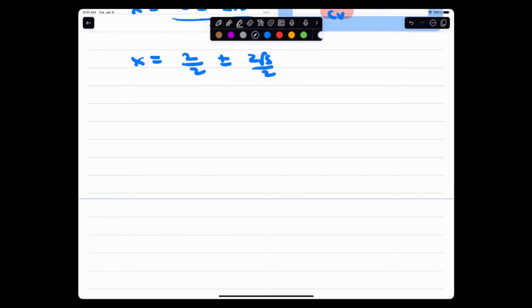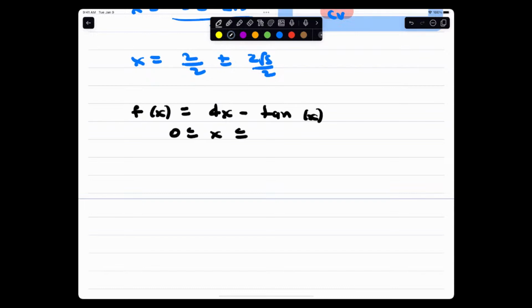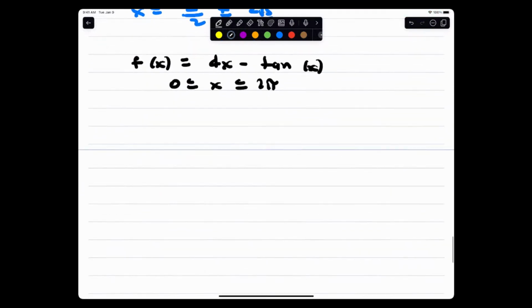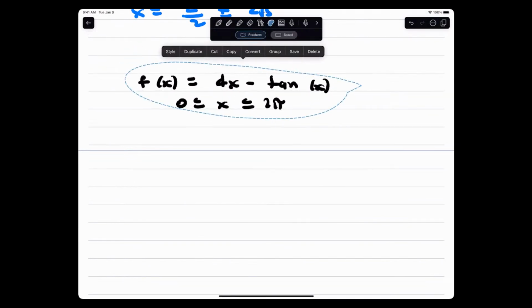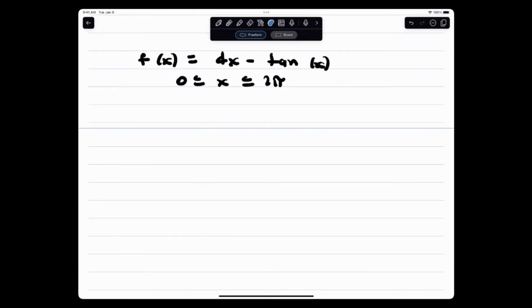Okay, I'm going to give you guys 4x minus tangent x, and they're going to say now over the interval 0 to what? 2 pi. Okay, you guys okay with that one?